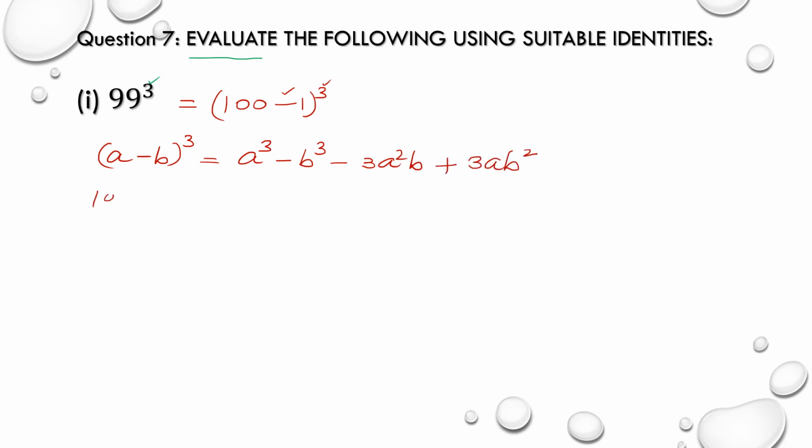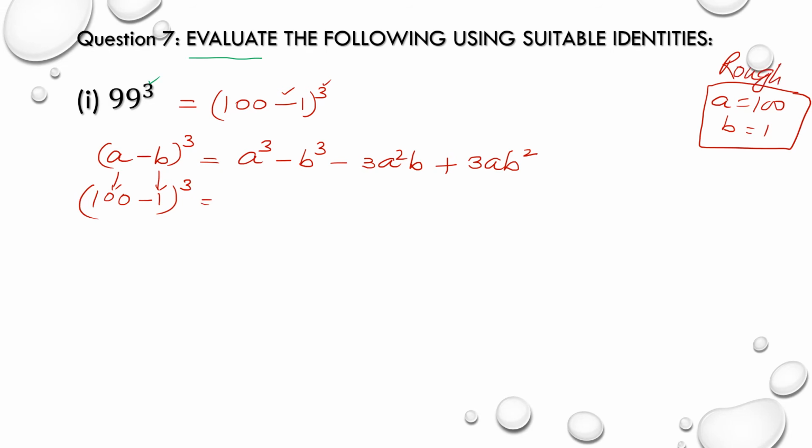So 99 can be written as 100 minus 1 whole cube. So in place of a we have 100, so let's write it inside, and in place of b we have 1. So this is your rough work. If you want to write it, you can write. If you want to keep this in your mind, again it's fine.